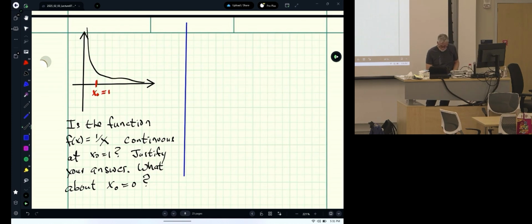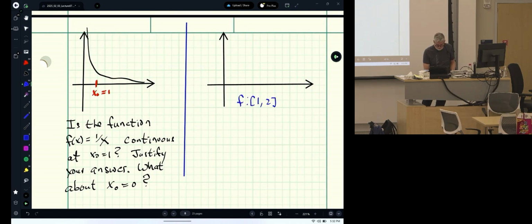Let me get another one going, and then we'll work these together. f is going to take the interval 1, 2 to the reals. Here's 1, and here's 2.